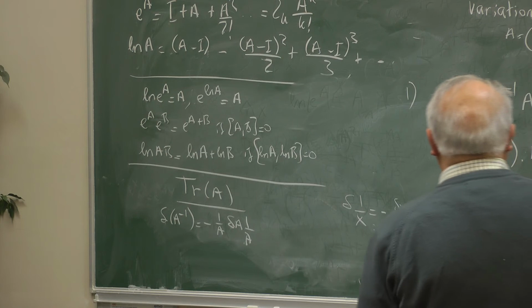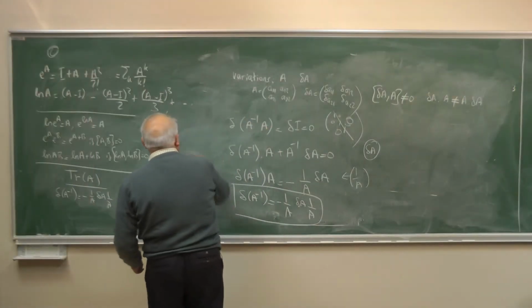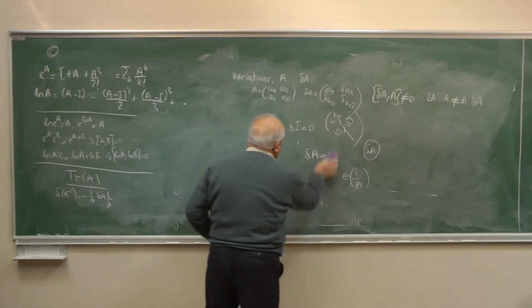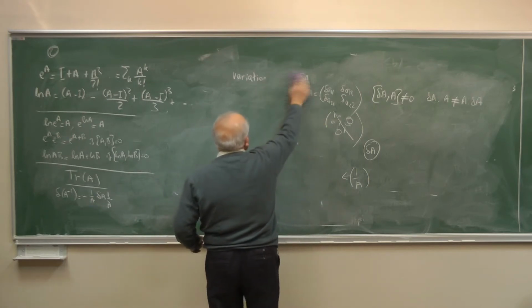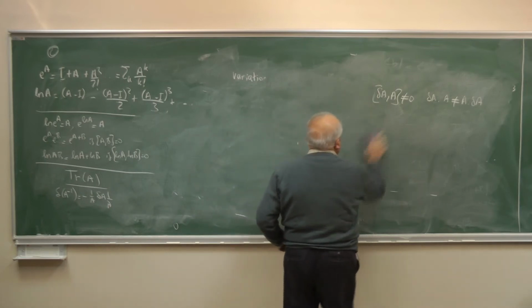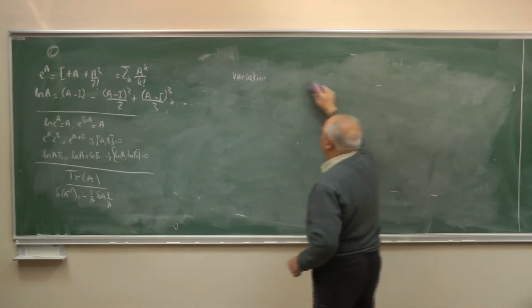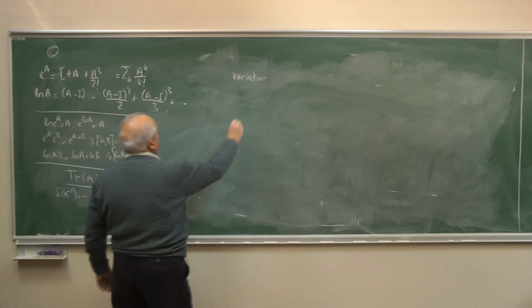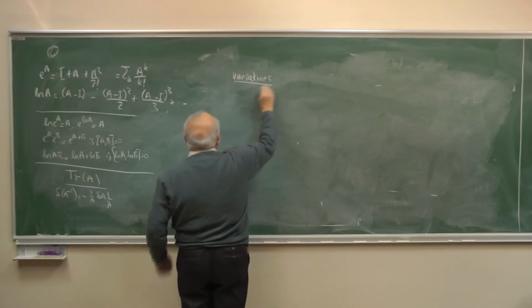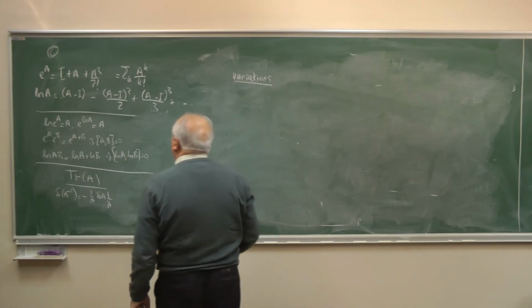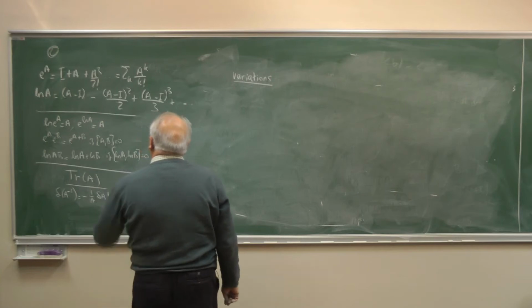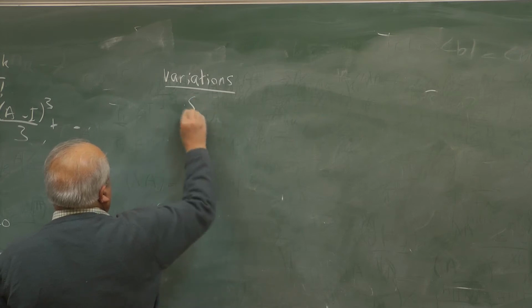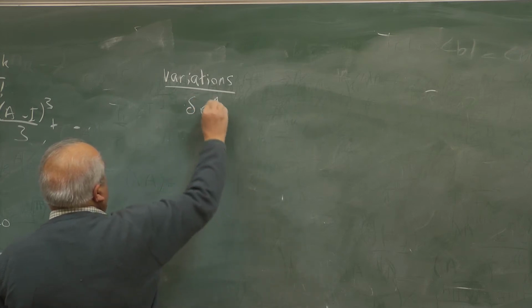I am erasing this part. We are doing variations. Now, I have the function e to the A. So what is the variation, delta e to the A?